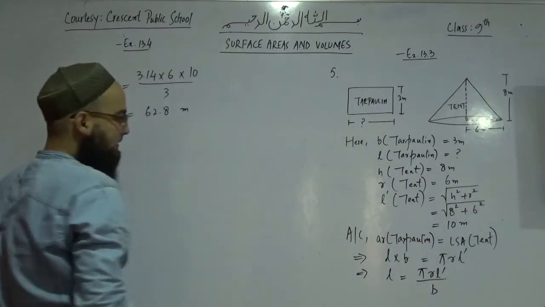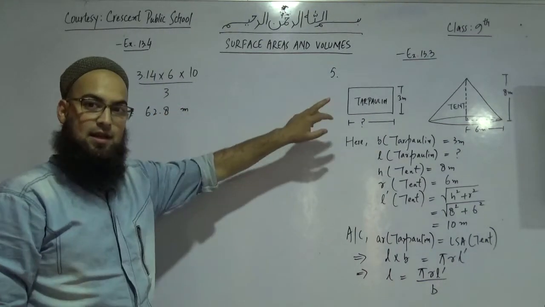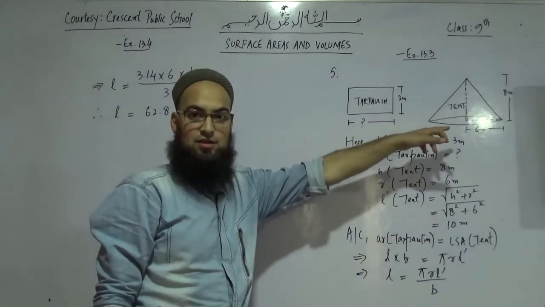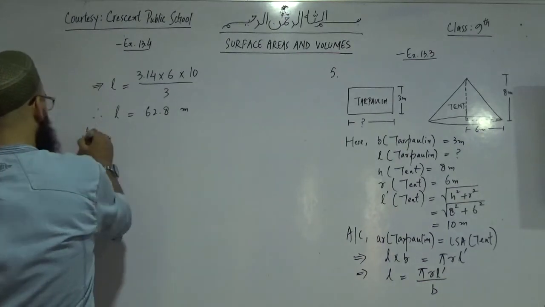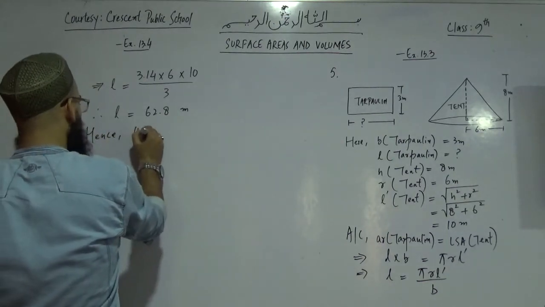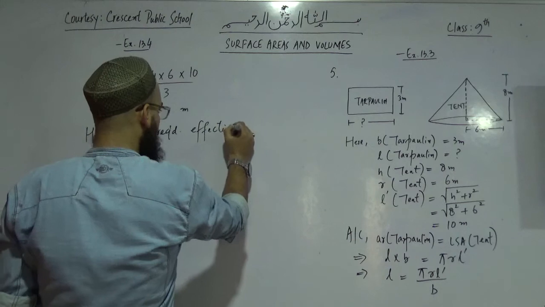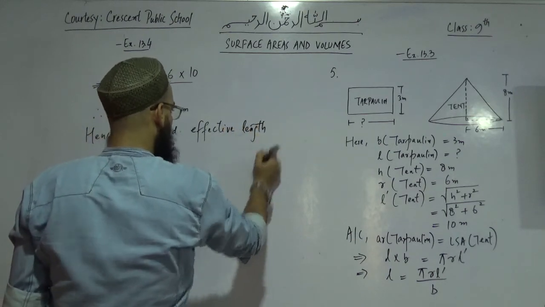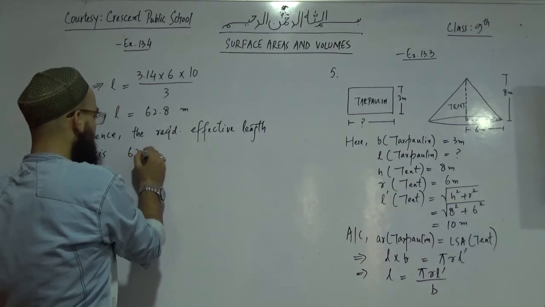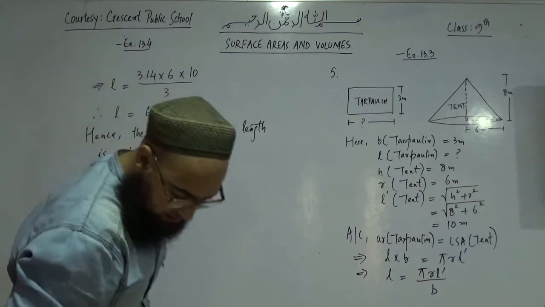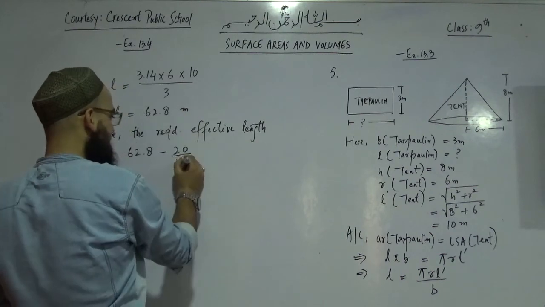Now there is one catch. This is the length of the tarpaulin, but there is some wastage as far as the stitching of tent is concerned. So the required effective length is 62.8 minus 20 centimeter, the wastage. 20 centimeter is 20 by 100 because we are in meters.